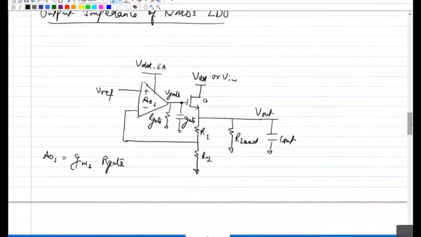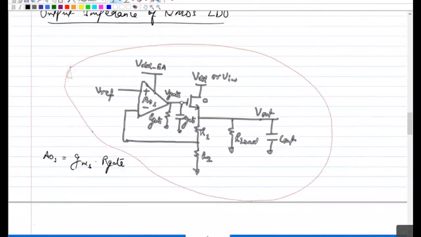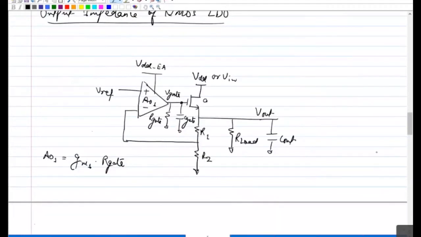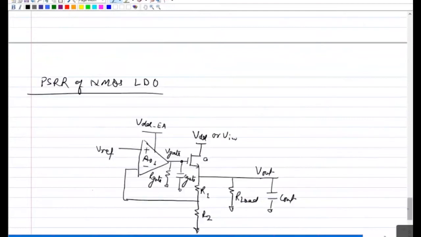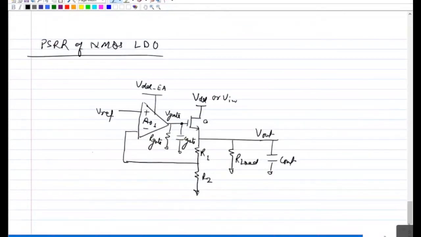Okay, let's talk about the PSRR. So let's copy this. Can anybody intuitively tell what will be the effect on PSRR?